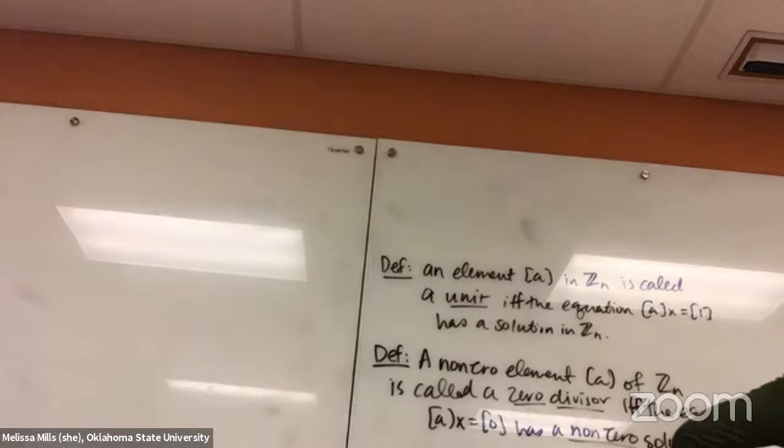So what does that mean? That means that AX is not congruent to B mod n for any X in Z mod n, right?